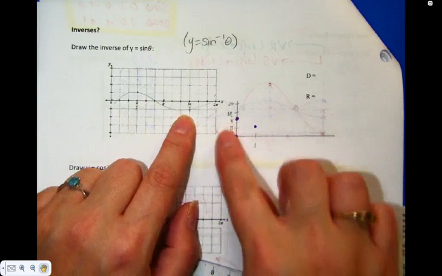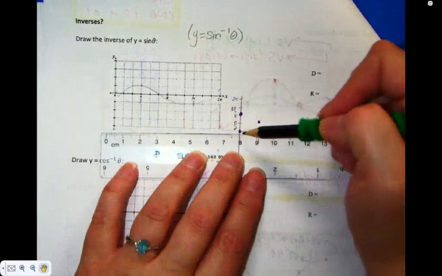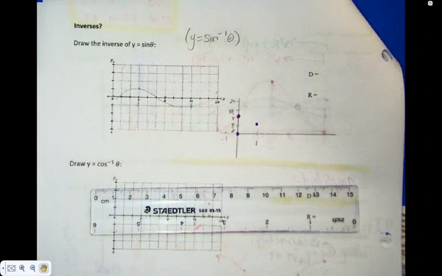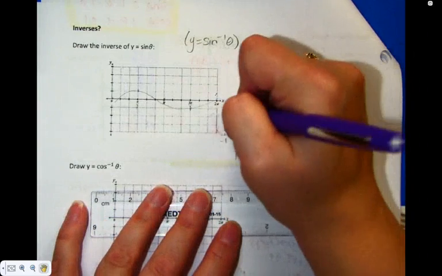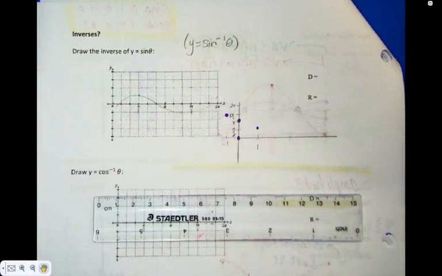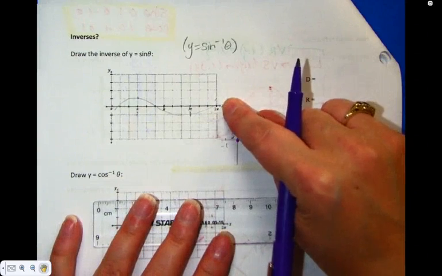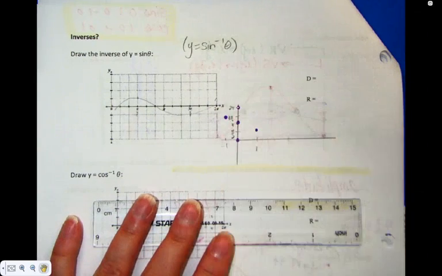Now, we don't typically draw the left-hand side. I like to put it in there, even though you won't see it in the book, because it's how my brain works. The book will not have this left-hand side, because we tend just to do the right-hand side for cos and sine. And then 2 pi, 0 becomes 0, 2 pi.